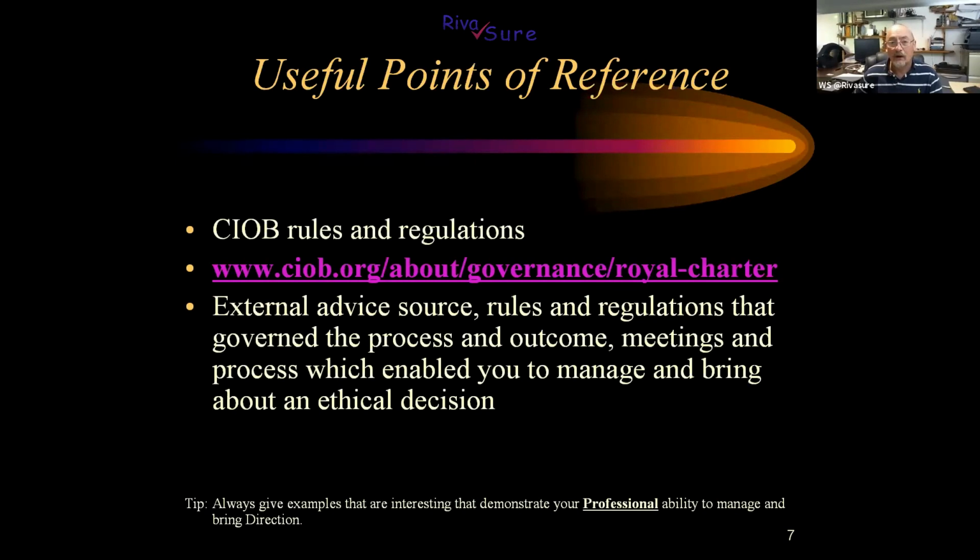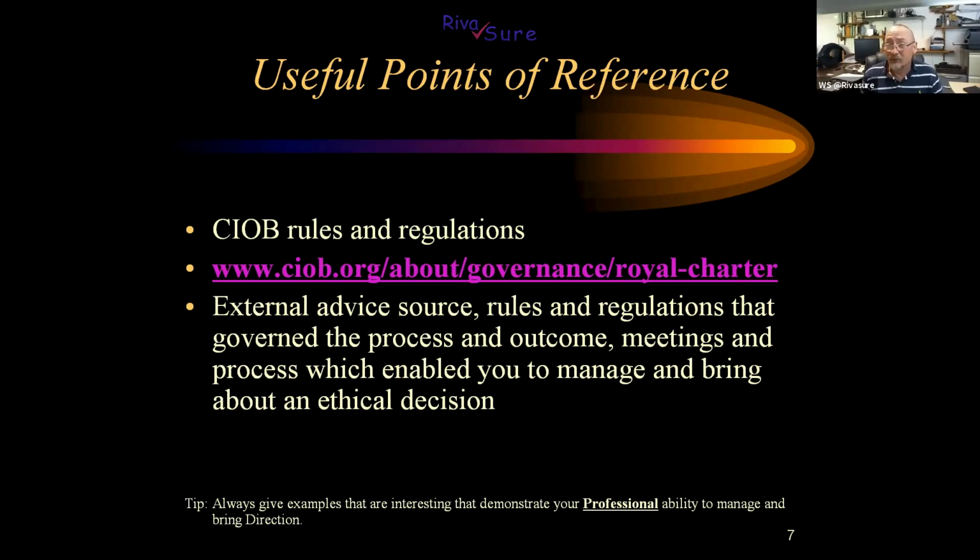So, useful points of reference: CIOB rules and regulations, we've had a look at those, and there's a link which has more details. Other useful points of reference: external advice sources, rules and regulations that govern the process and outcome that you are dealing with, meetings and processes which enable you to manage and bring about that ethical decision.